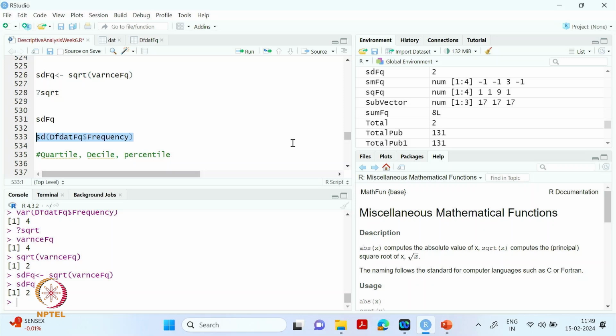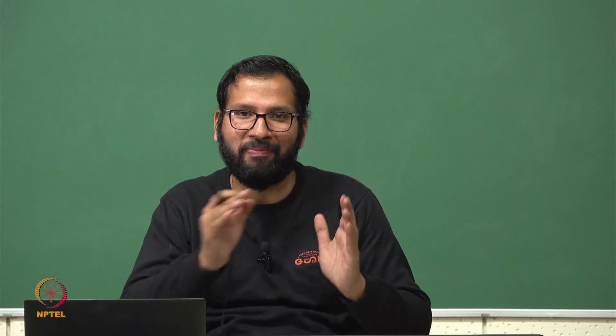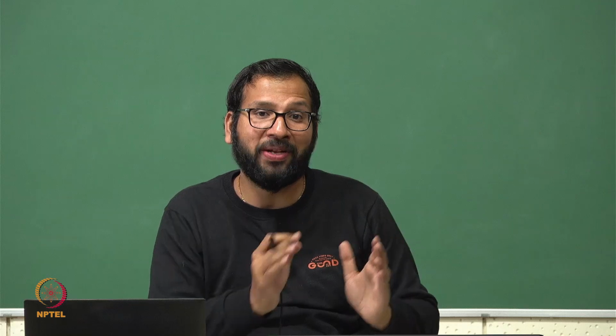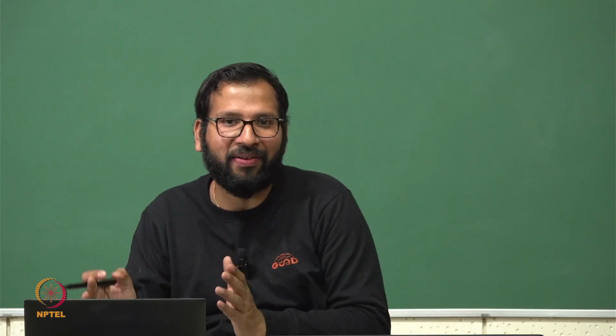Until now we could think of function names, like for maximum we could think of maxi or max. But here the operation is standard deviation, so SD means standard deviation. You have to think that way also.